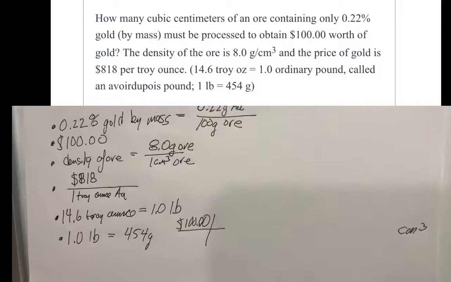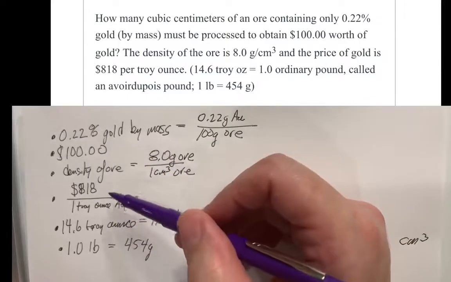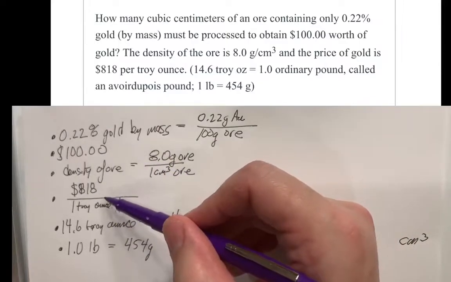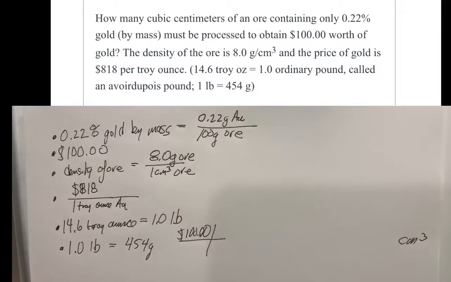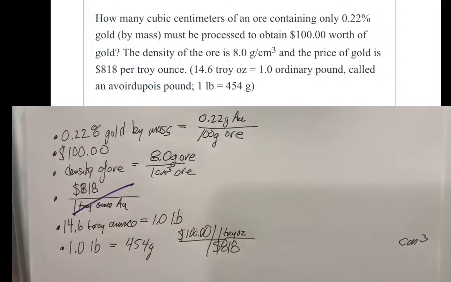All right, and the nice thing about having all this written out is that the only thing in the entire problem that deals with money is this one. So that's the only one that can take me anywhere. $818 for 1 troy ounce. Okay, and then I've used that one. Right now I'm sitting at troy ounces.